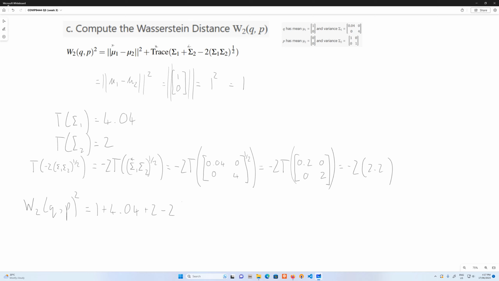So minus 2. In brackets we have our 2.2. So this ends up being, actually I'll get my calculator for this one, 7.04 minus 4.4. Which is 2.64.